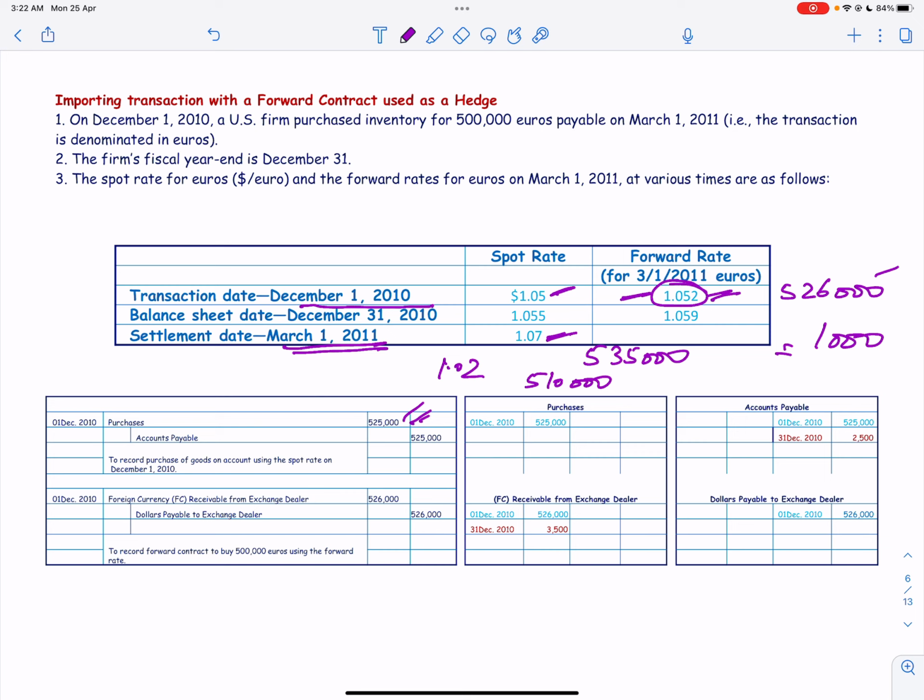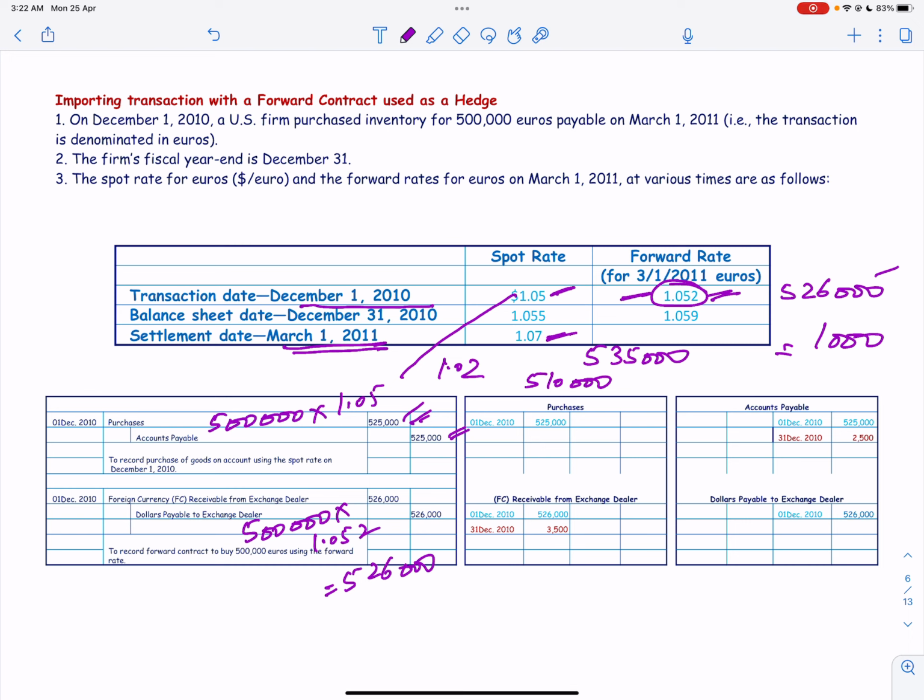Purchase is debit and accounts payable is credit: 500,000 euros times the spot rate 1.05. For the forward contract it is 500,000 times 1.052, that is equal to 526,000.